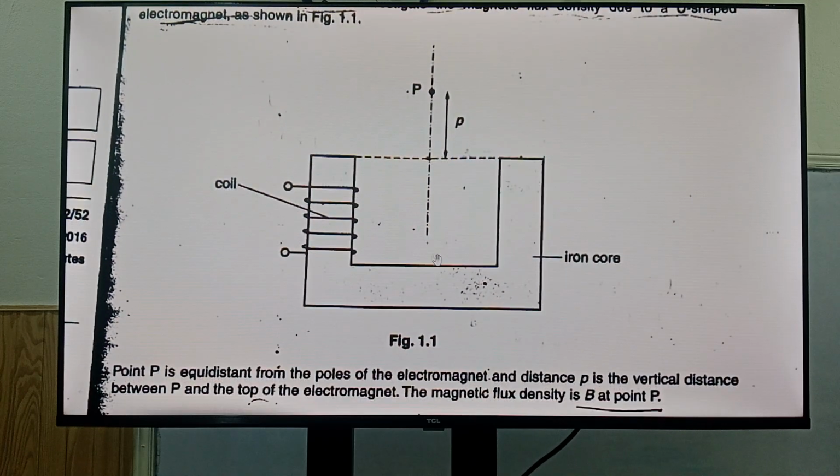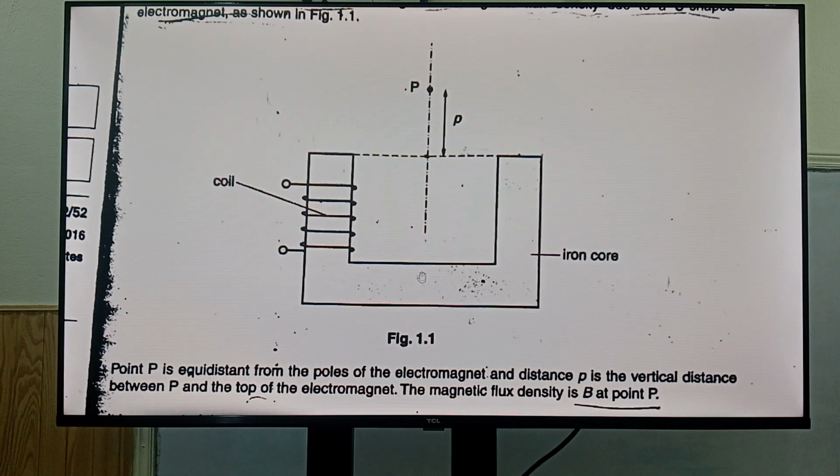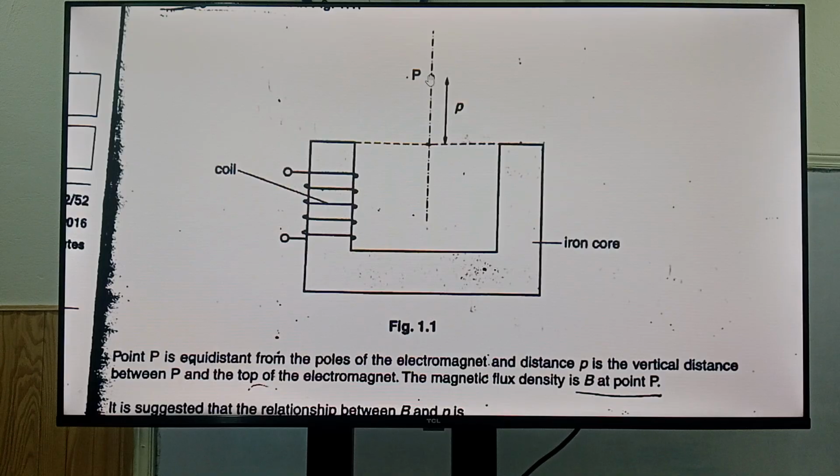So this figure is given this time. Point P is equidistant from the poles of the electromagnet, and distance P is the vertical distance between P and the top of the electromagnet. The magnetic flux density is B at point P.